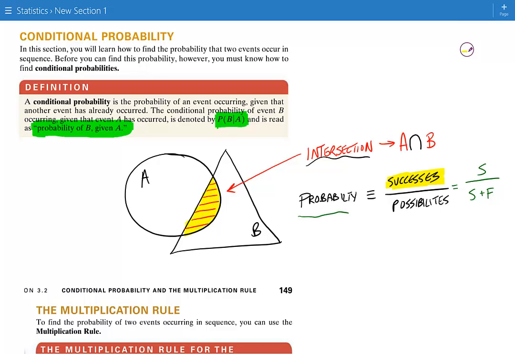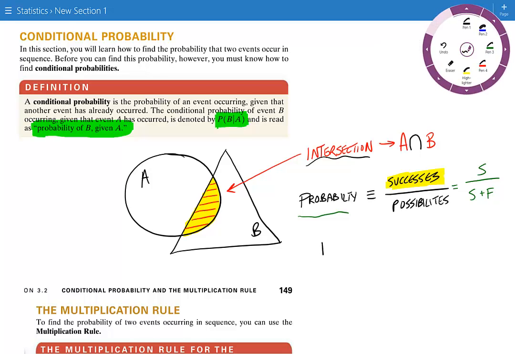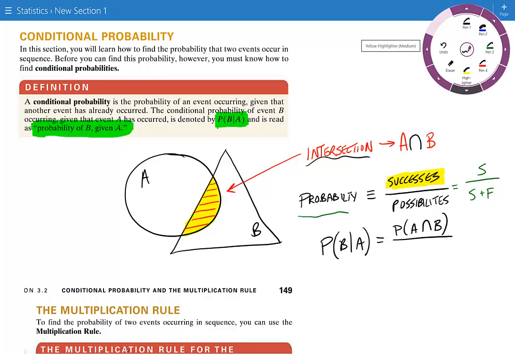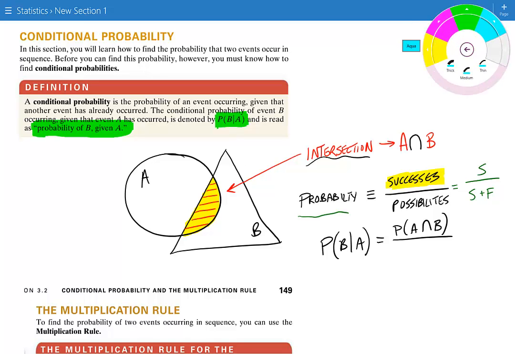They can't happen anywhere else, only where A and B intersect, because B only exists given A. And so we could write the probability of B given A as the probability of that intersection, since we just determined that logically, over the possibilities. Well, what do we mean by the possibilities? The possibilities are only in A.